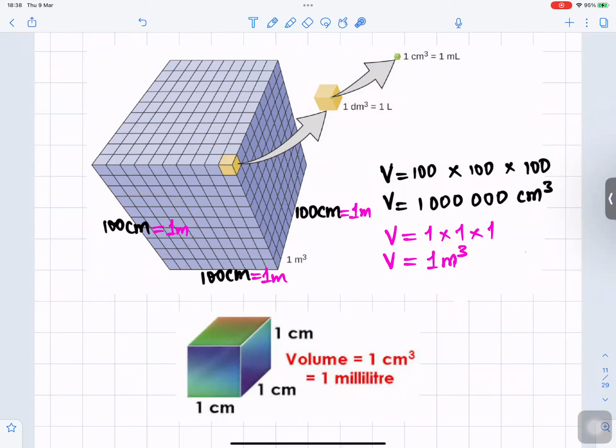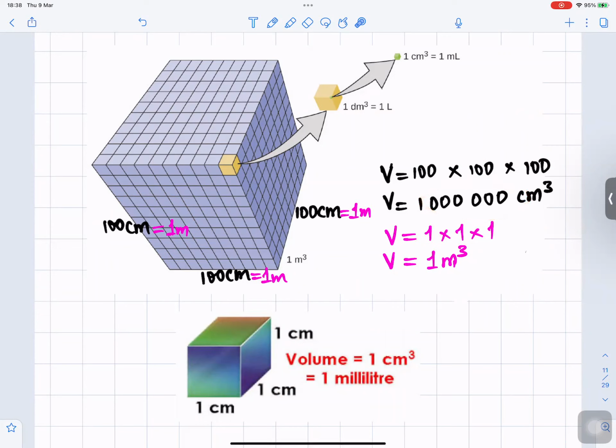So that means 100 centimeters times 100 centimeters times 100 centimeters, which will be 100 times 100 times 100. There's 6 zeros, so 1 million centimeters cube. So that means 1 meter cube is 1 million centimeters cube. That's why if you want to change from centimeters cube to meters cube, you will divide by 1 million.